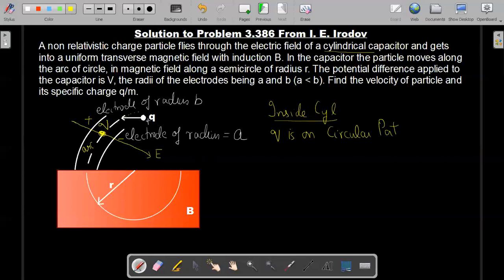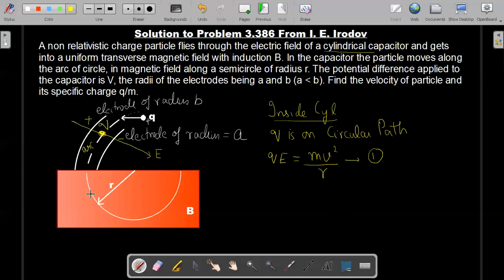According to Newton's law, a particle can be on a circular path only if there is a force acting towards the center of the circle, and that force is also equal to mv square over r. So inside the cylinder, charge q times electric field E has to be mv square over r. That's my first equation.